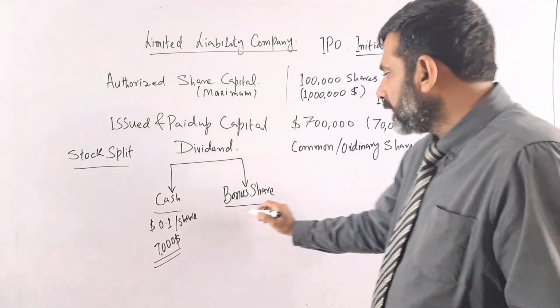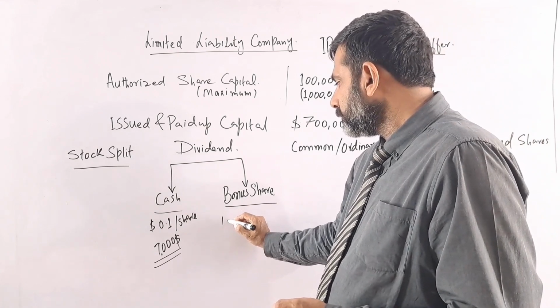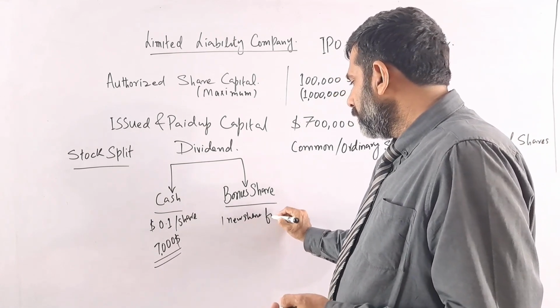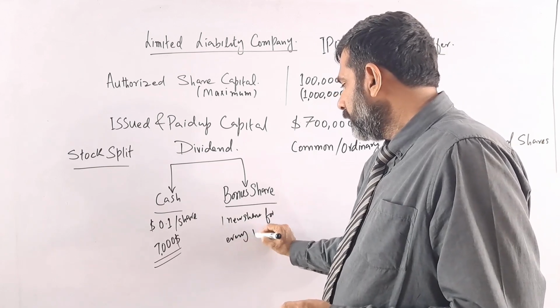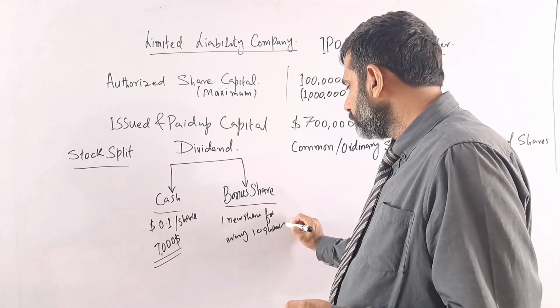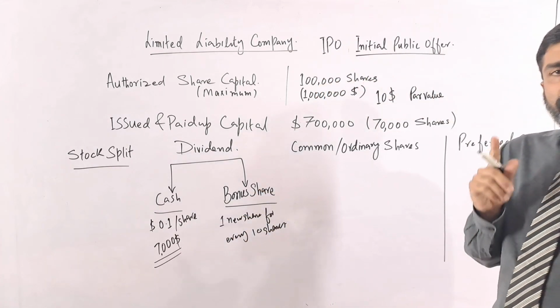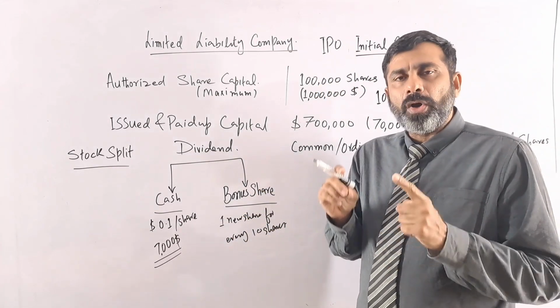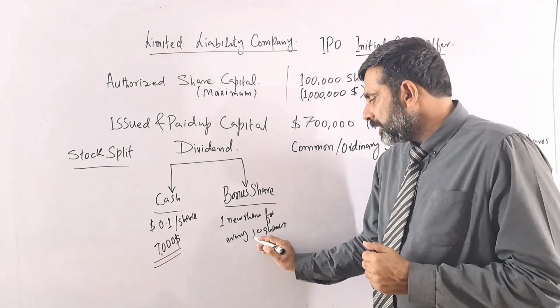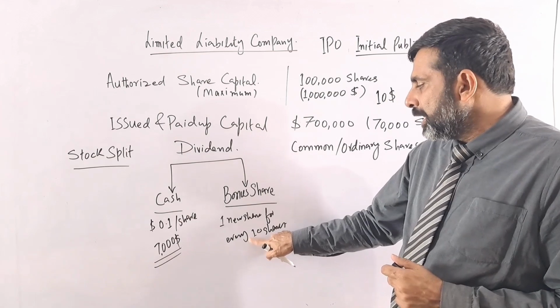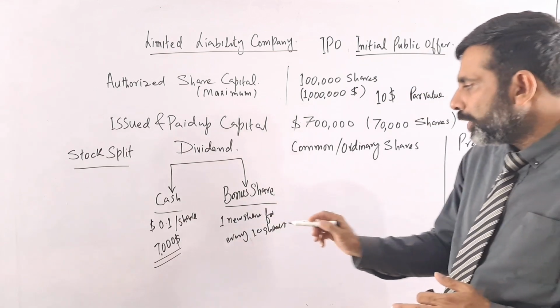So what they can do, they can say, for example, 1 new share for every 10 shares. It means the company will issue 1 new share to the owner, to the shareholder who already has 10 shares. The person who has 10 shares will get 1 more extra share.